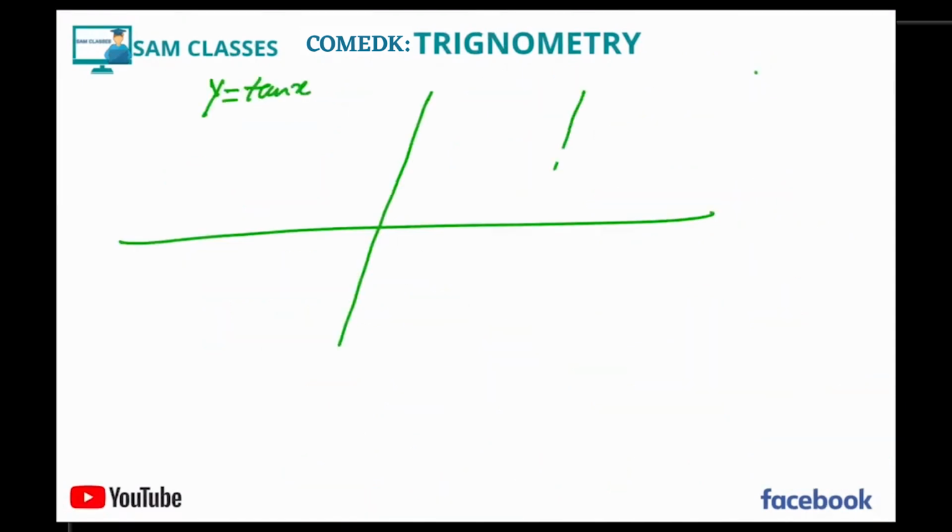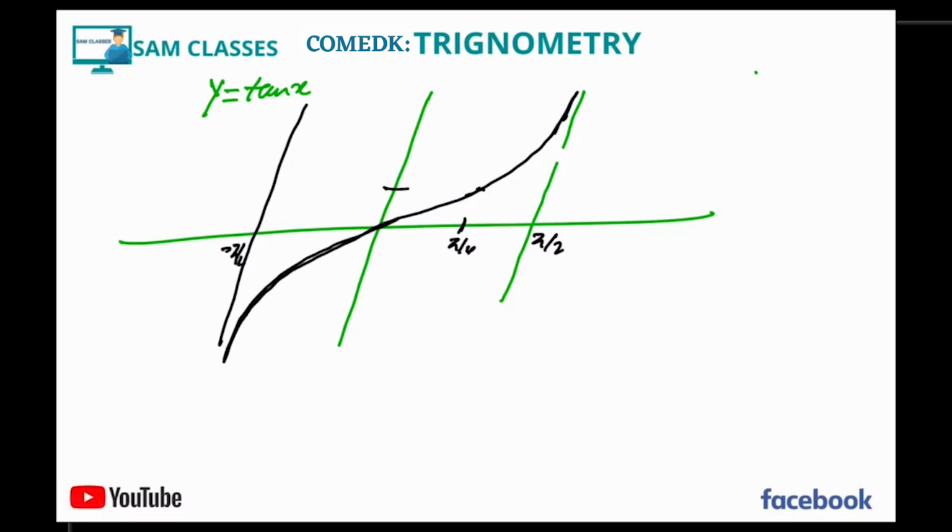So if you see here, at 90, pi by 2, it comes from infinity. Now at pi by 4, that means 45 degree, it is 1, correct. So it comes like this. And at 0, the value of tan 0 is 0. And then again at minus 90, it goes back to minus infinity. So this is how simple the graph is of y is equal to tan x, okay.